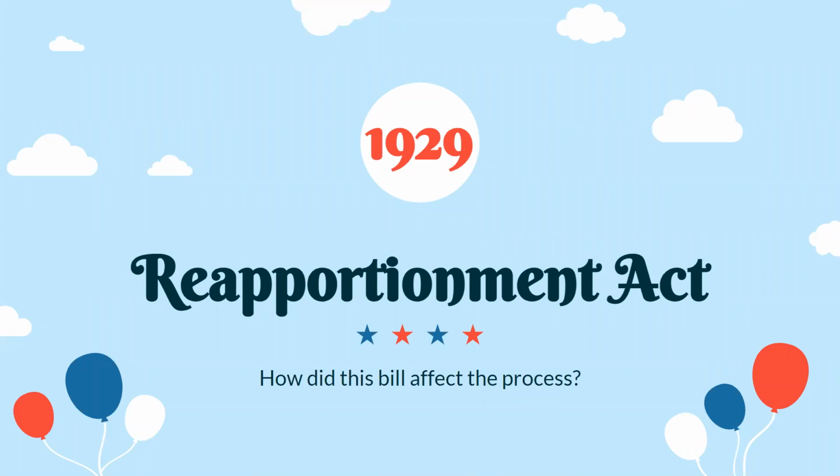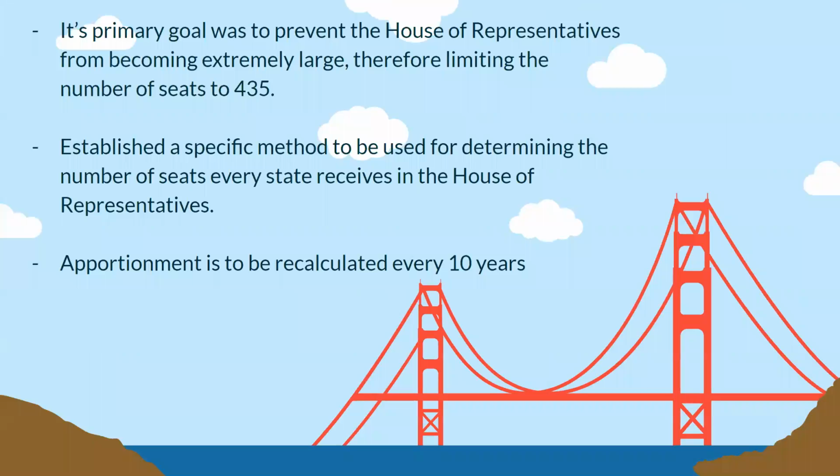So in 1929, the Reapportionment Act was passed through Congress. One of the goals of it was to limit the House of Representatives from getting uncontrollably big and too hard to apportion seats to states. And it is calculated every 10 years, which is also when each census is calculated.